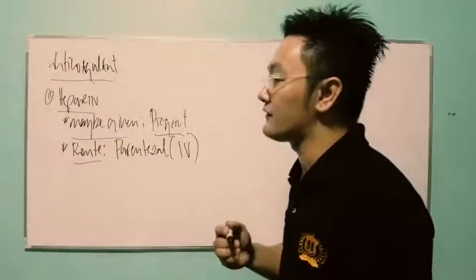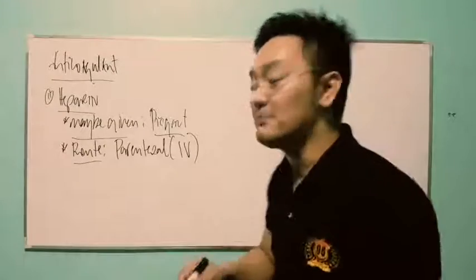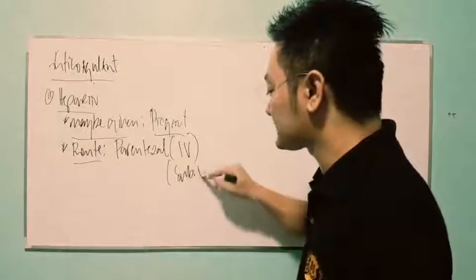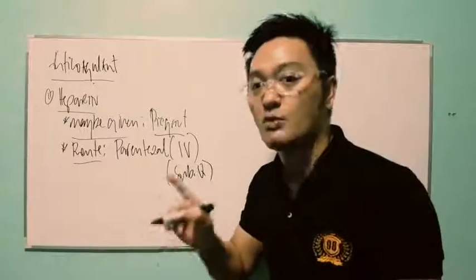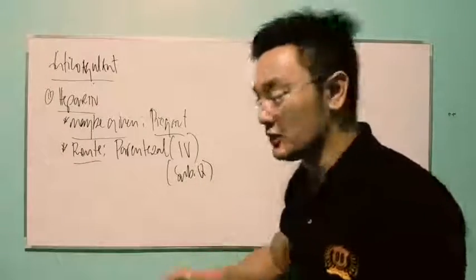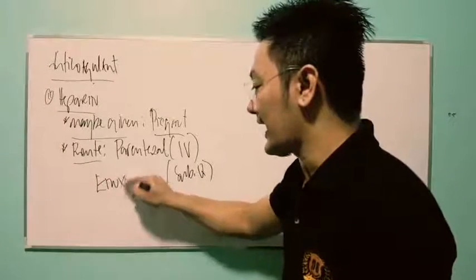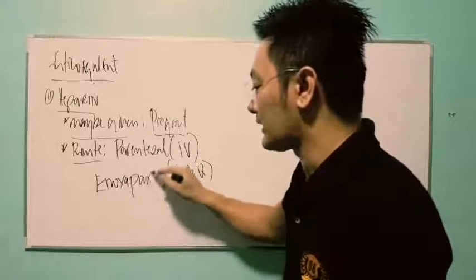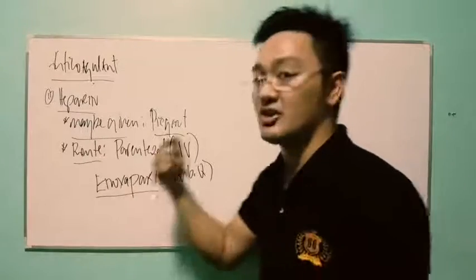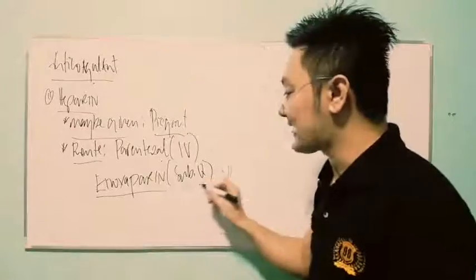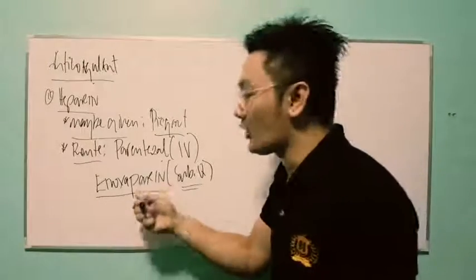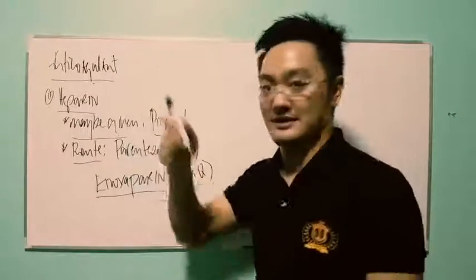Okay? And that type of low molecular heparin can only be given subcutaneously. What do you call that low molecular heparin given sub-Q? Answer, that is what they call enoxaparin. So please be reminded, enoxaparin will be given subcutaneously. It is a low molecular type of heparin.